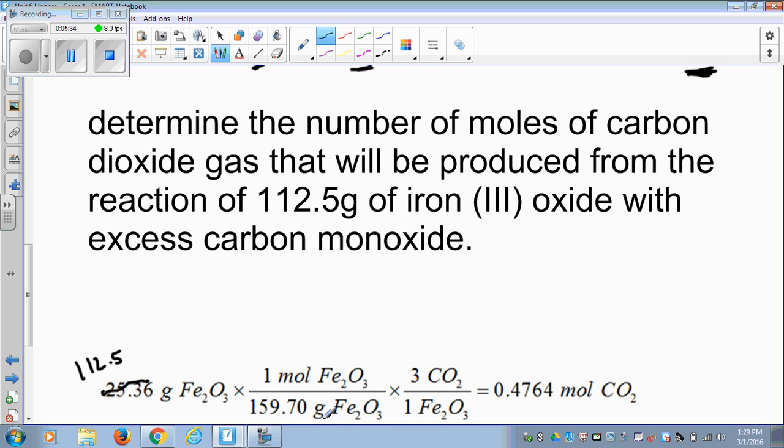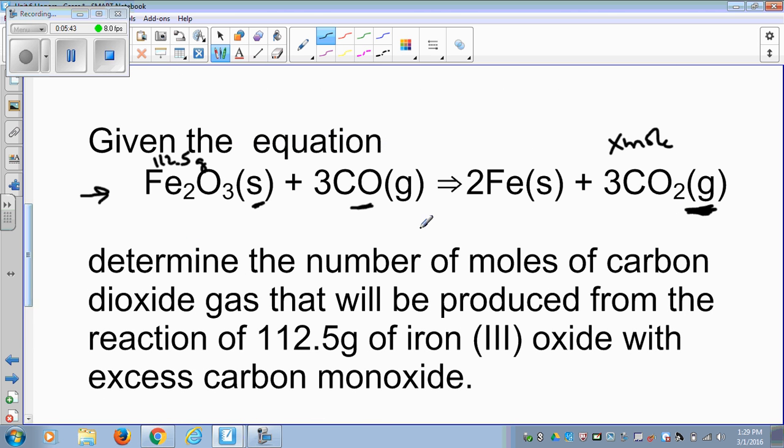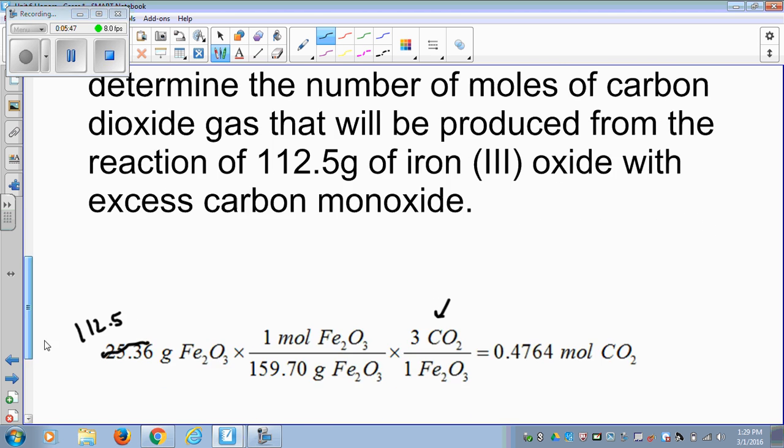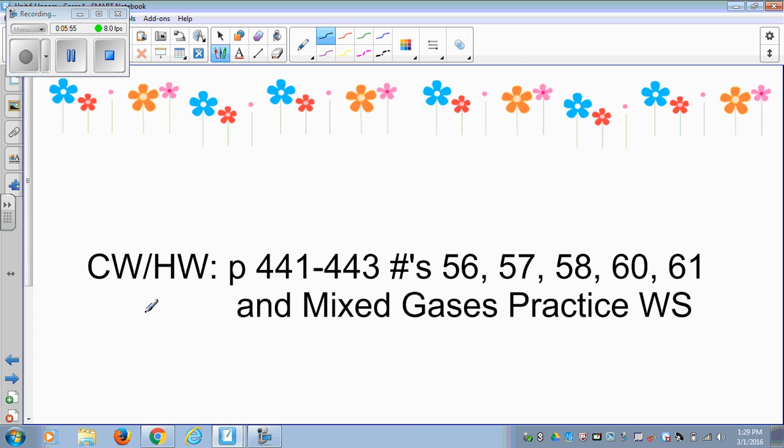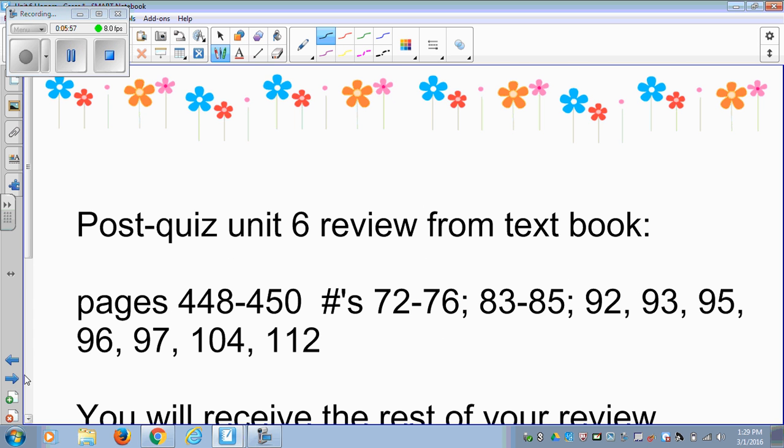Convert the iron 3 oxide into moles using the molar mass, and then apply the molar ratio of iron 3 oxide and carbon dioxide from the equation, and that tells you the number of moles. That's all this stoichiometry is about. It's the same topic that we learned in the last unit, and we need to work on these questions.